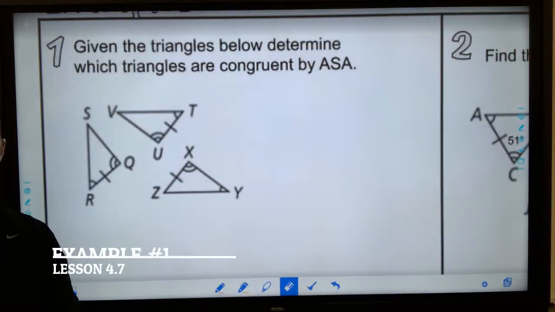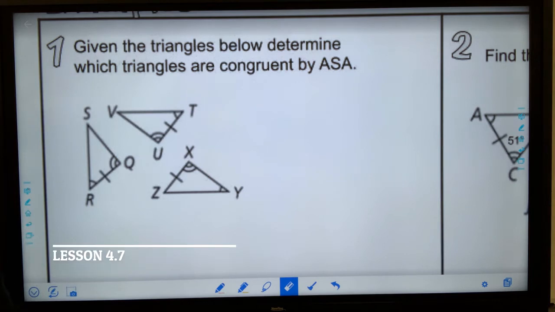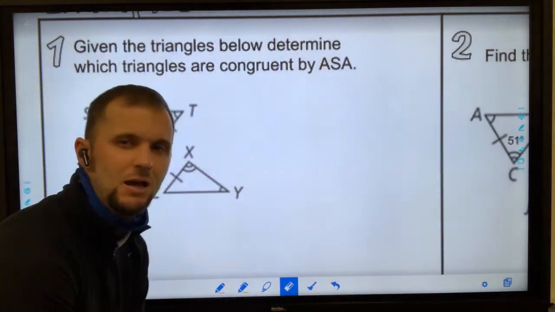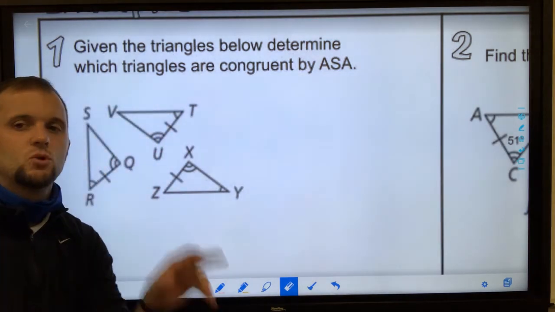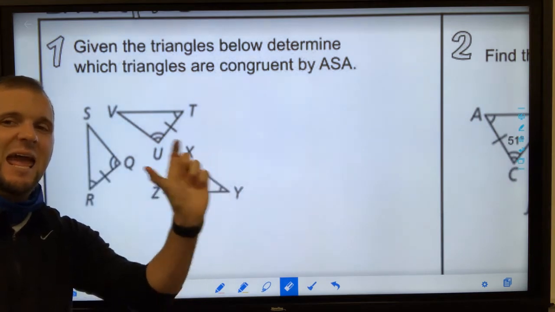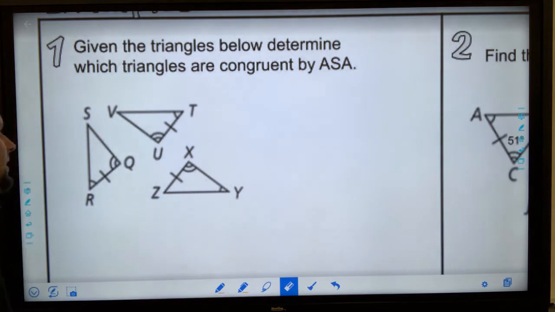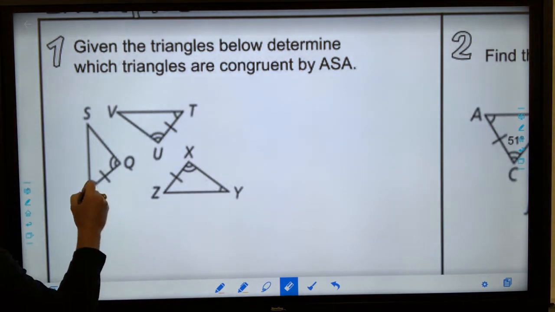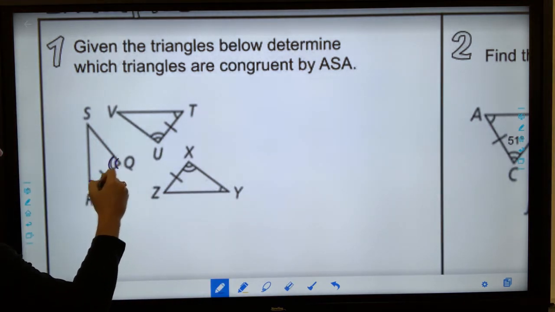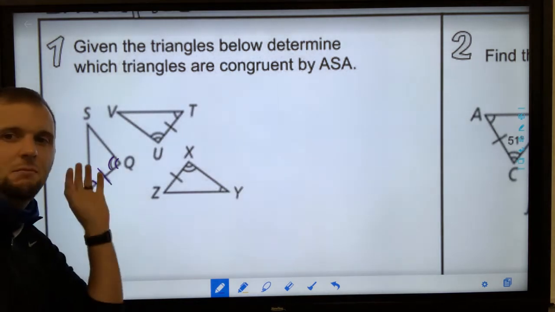Example number 1 says, given the triangles below, determine which triangles are congruent by angle, side, angle. That means we're trying to find the two triangles that have matching angles and that included side is going to match with those. I have one notch, two notches with the side included, so we look for another triangle with the same combination.